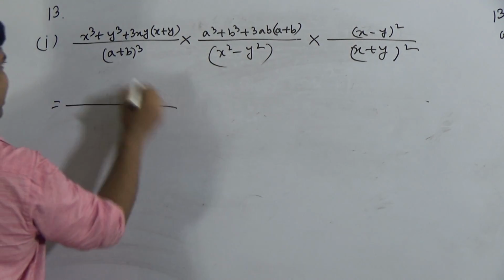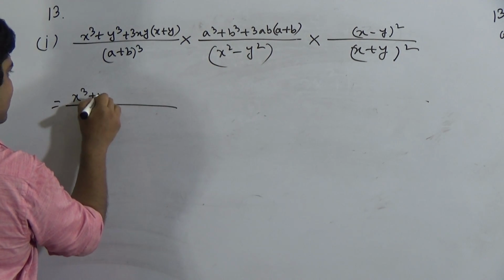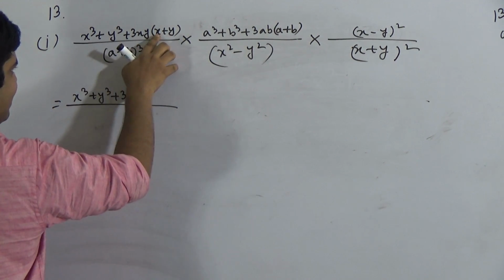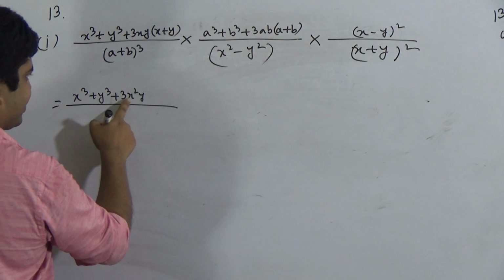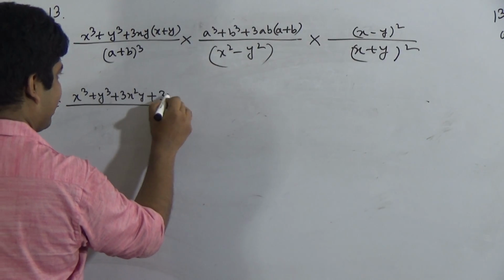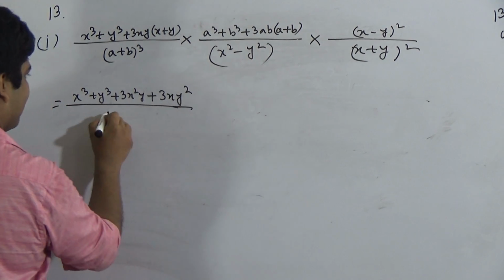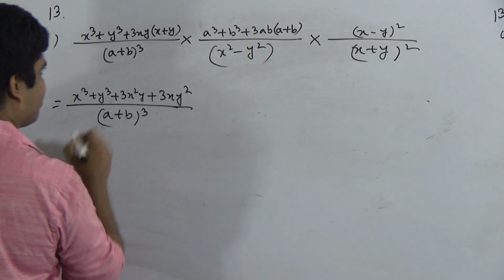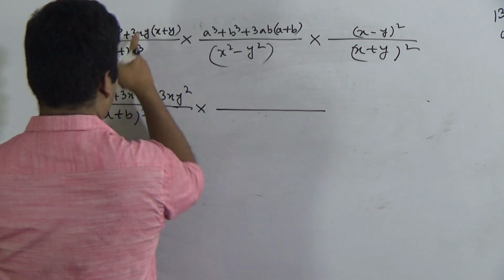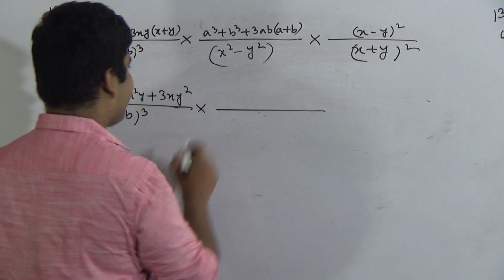So this can be written as x cube plus y cube plus 3x square y. That means we multiply this x by 3xy, we get 3x square y. Again we multiply this y by 3xy, then we get 3xy square, divided by a plus b whole cube. Multiply by, this one is written same as the numerator of the first fraction.